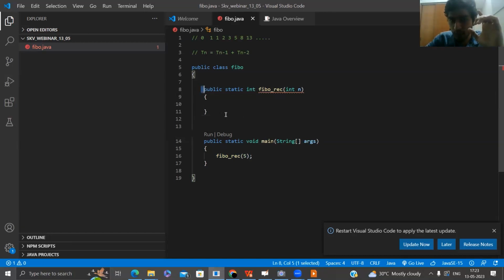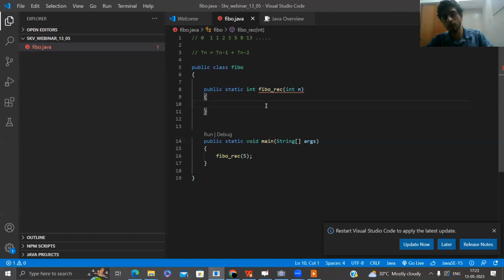So for the time being, consider this method as a black box. It knows how to return the nth Fibonacci number whenever you pass n from the main method, right? It just knows how to do it. No brainstorming over that. It knows, so it knows, right?